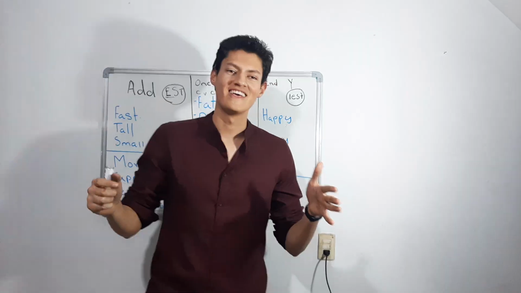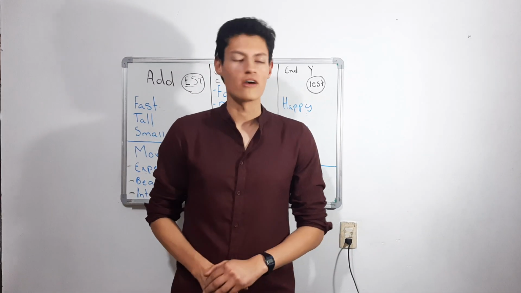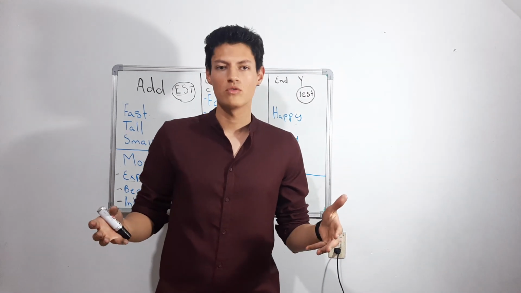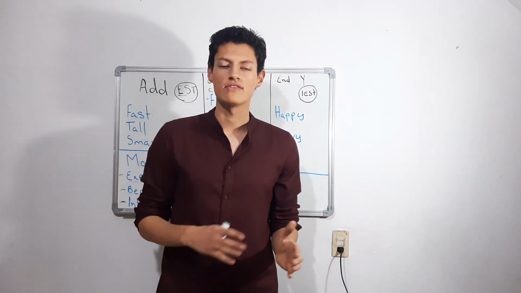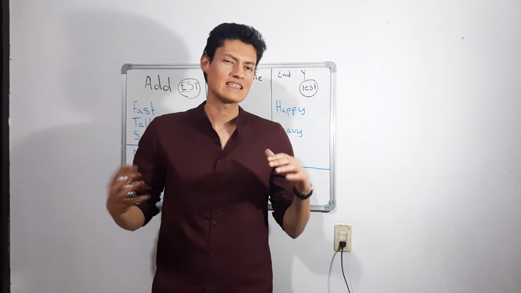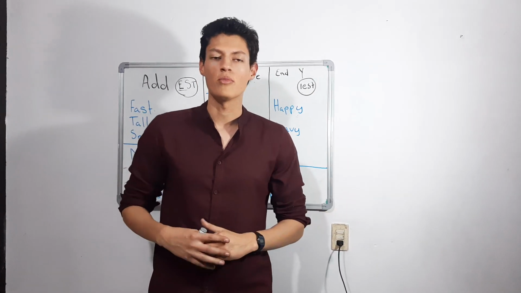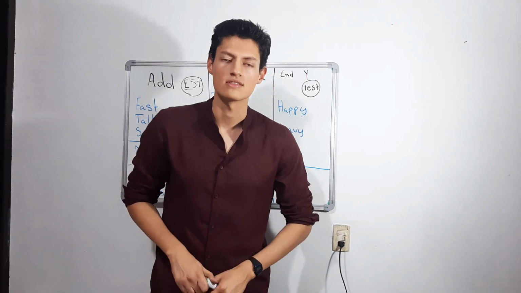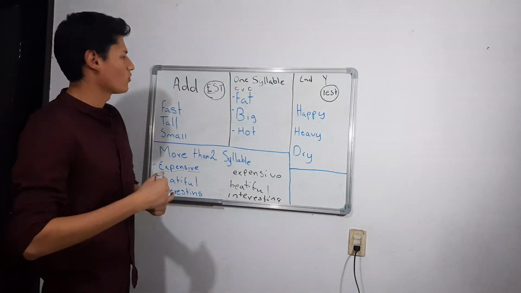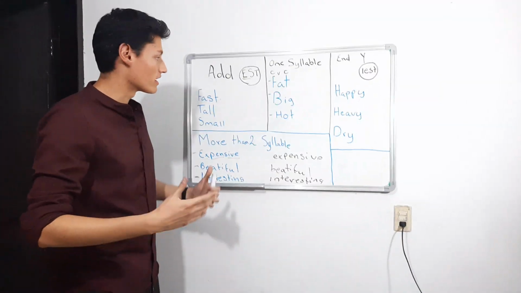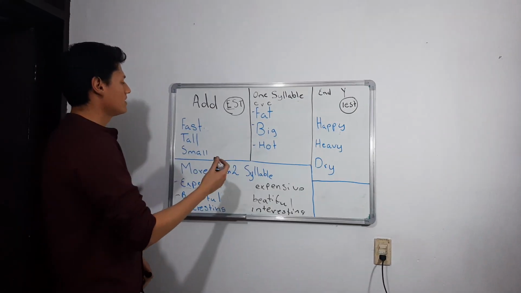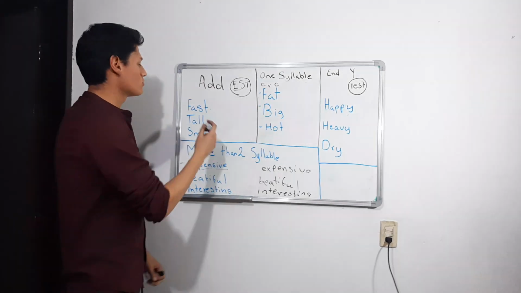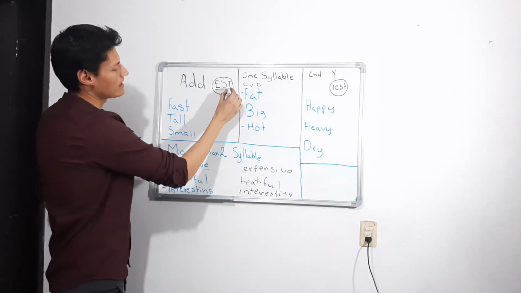We already learned the comparative form, so now we need to see the superlative form. We have the same words that we already saw, but instead of adding er, we need to add est.